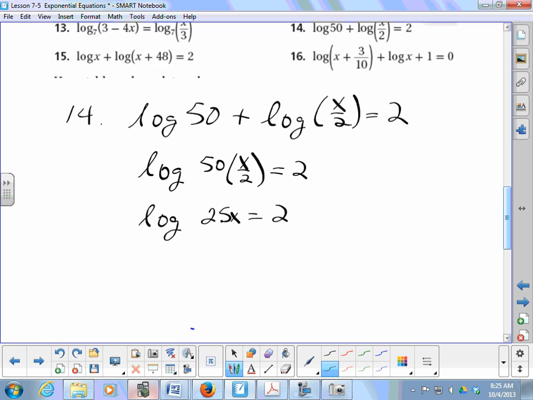So I've simplified it to a single logarithm, and it looks like a regular logarithmic equation. My base here is 10, so now I can change it to exponential and say that 10 squared equals 25x. And 100 divided by 25 is 4.